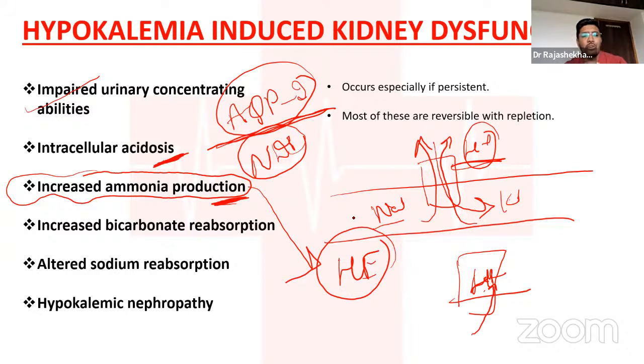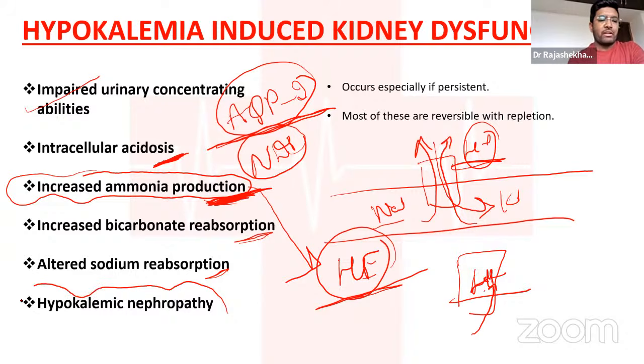becomes the first. Hypokalemia is very common because invariably the patient is on diuretics. And if the hypokalemia is there, in a long-standing case it can cause increased ammonia production, and so can precipitate hepatic encephalopathy. Along with this, it can also cause increased bicarbonate reabsorption and altered sodium absorption as an acute thing.